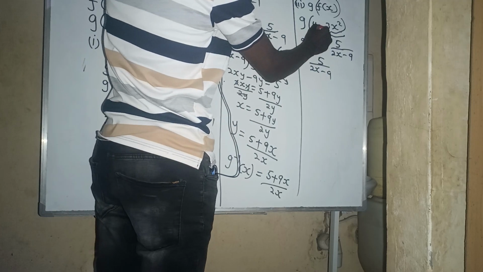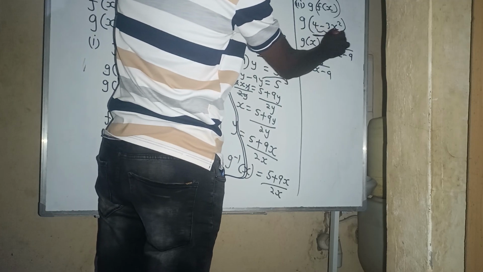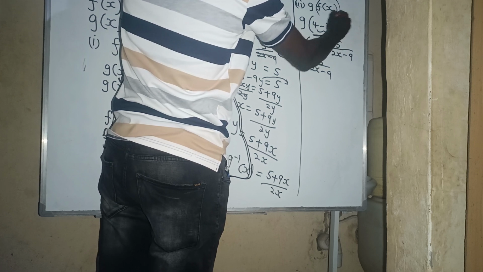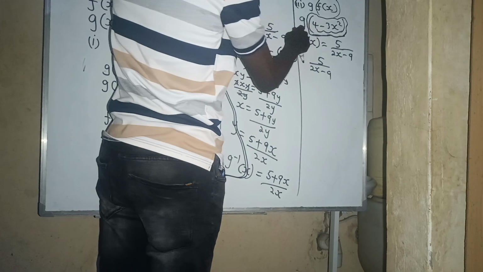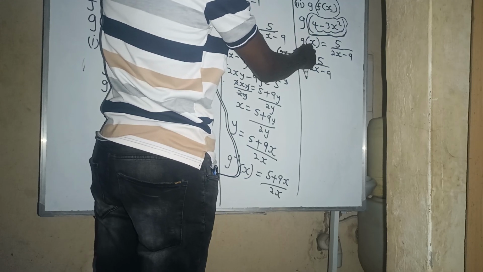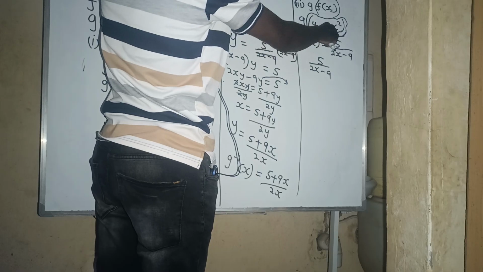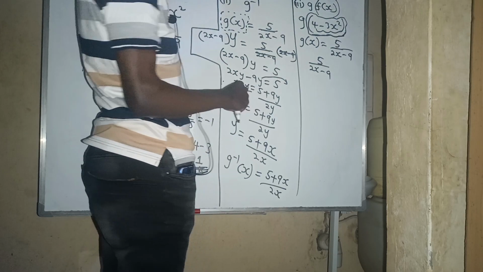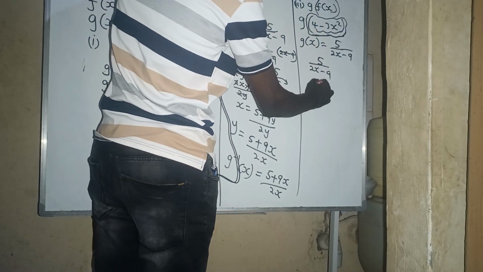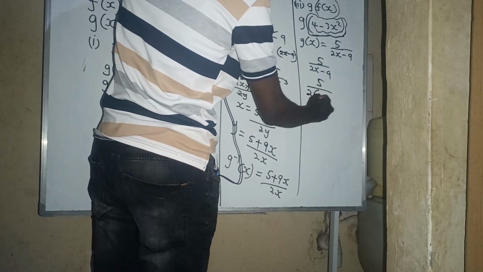Because now this 4 minus 3x squared represents our x. You see? So it is g then this, g(x). So that means g, the function, then x, in this case, is going to be 4 minus 3x squared, the function of f in terms of x. So we'll come here and say 5 over 2 into.